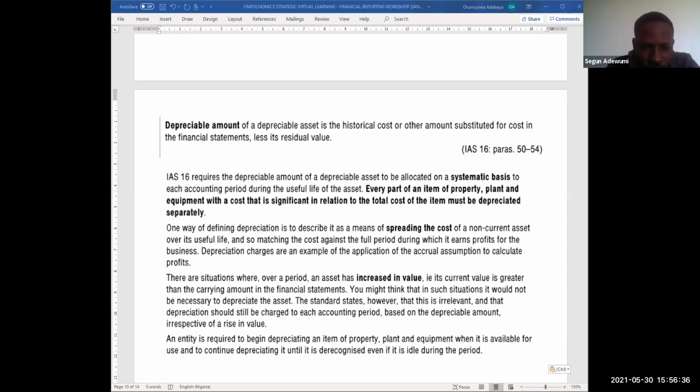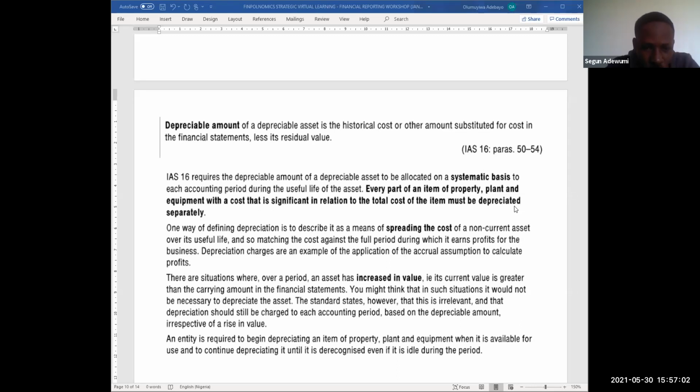One way of defining depreciation is to describe it as a means of spreading the cost of a non-current asset over its useful life, and so matching the cost against the full period during which it earns profits for the business. Depreciation charges are an example of the application of the accrual assumption to calculate profits.